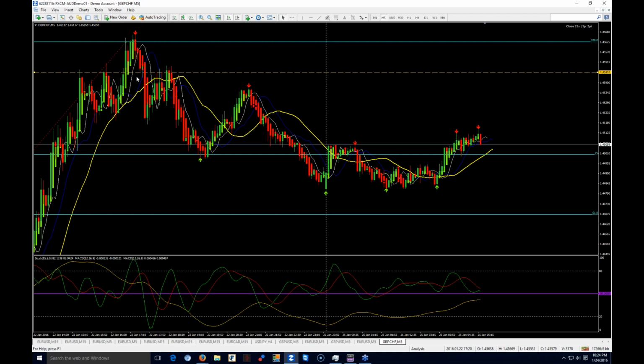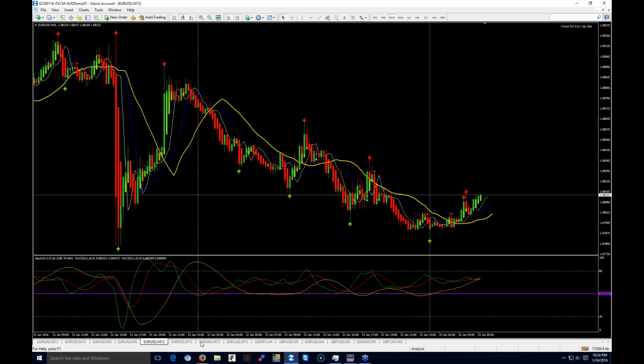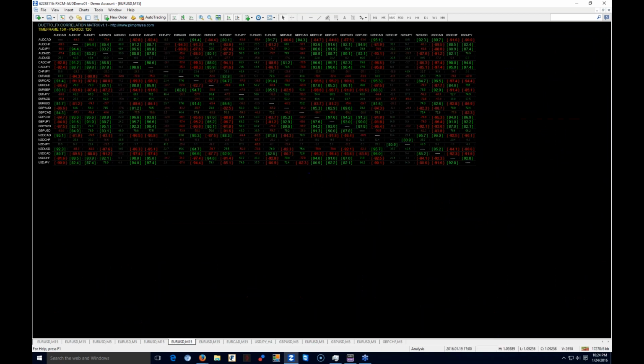You can have one chart like this, identify one asset, and another chart for correlation, and then see what's in correspondence with that asset that you just did market analysis for. And then your other chart is your actual broker.